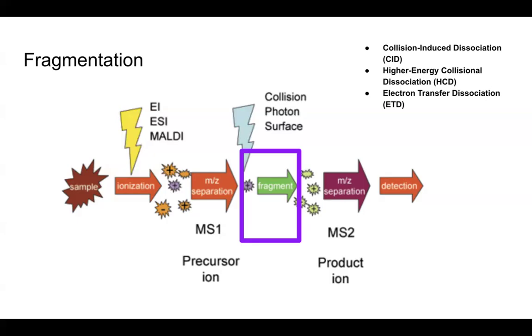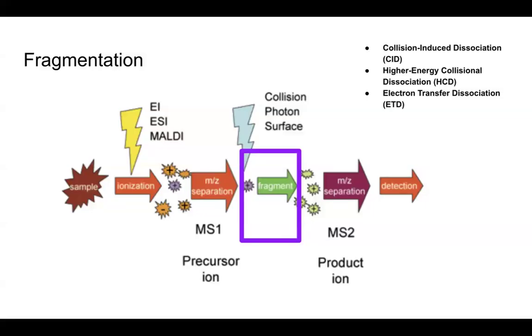And then lastly, there's ETD, or electron transfer dissociation, wherein electrons are transferred to the precursor ion, causing it to fragment differently. This often preserves post-translational modifications. So if you're interested in post-translational modifications, you often use ETD.